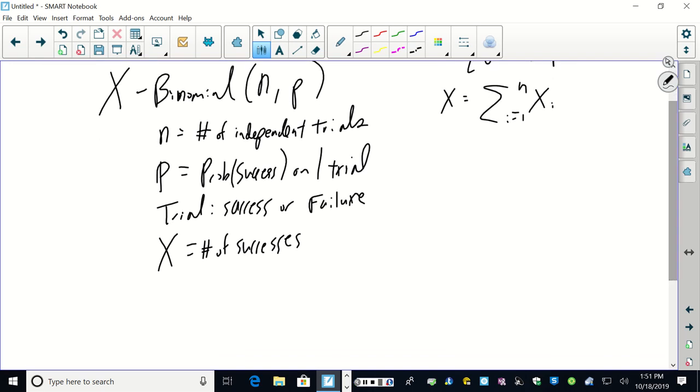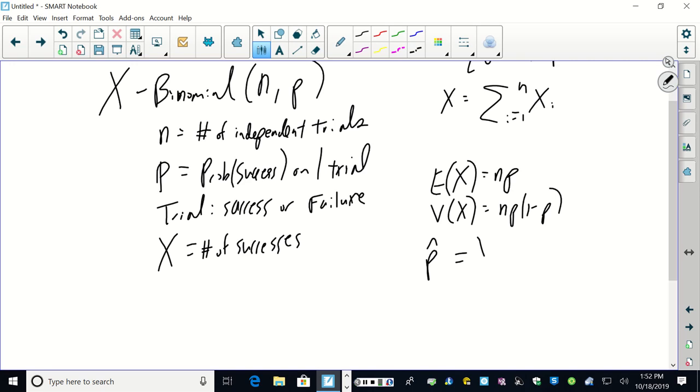Now, from probability theory, the expected value of the number of successes is just n times p, and the variance is n times p times 1 minus p. And if we let our sample proportion p hat be x over n, if we divide that by n, the expectation gets divided by n, but the variance gets divided by n squared.